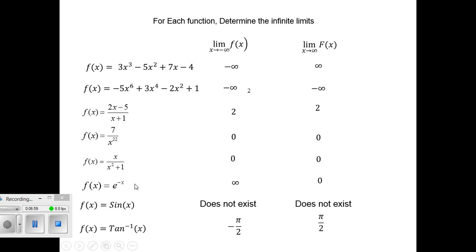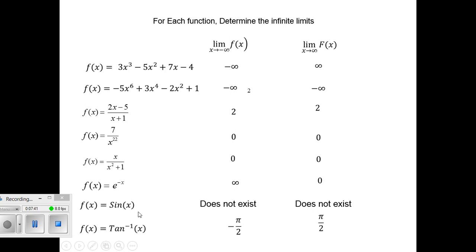E to the negative x. The difference between e to the x and e to the negative x is the reflection across the y-axis. Approaching negative infinity is approaching infinity. As we approach positive infinity, e to the negative x heads for the x-axis as its asymptote, and therefore the limit as x approaches infinity is 0.